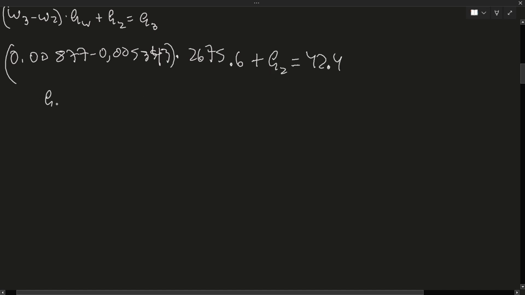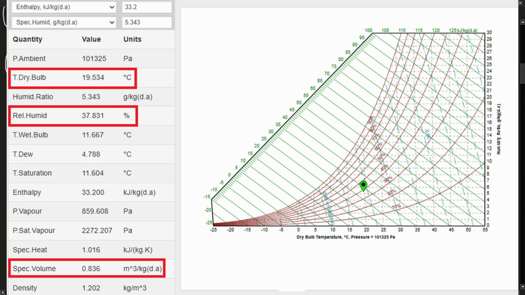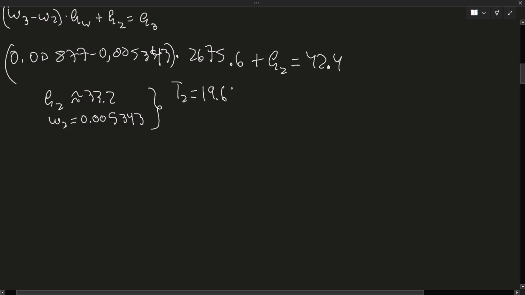Solving for H2, we get H2 of about 33.2. We also have omega 2, which is equal to omega 1, 0.005343. Using these two values, you can use the psychrometric chart to find all the values you need. So we can find T2 to be 19.6 degrees Celsius, and relative humidity is equal to 37.6%.